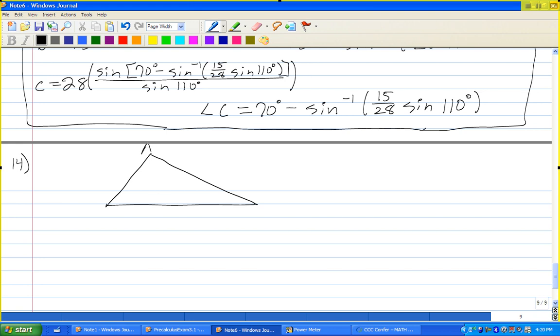A, B, C, let's say. A is 3, B is 4, C is 53 degrees.